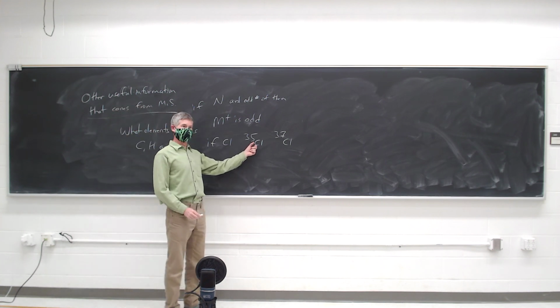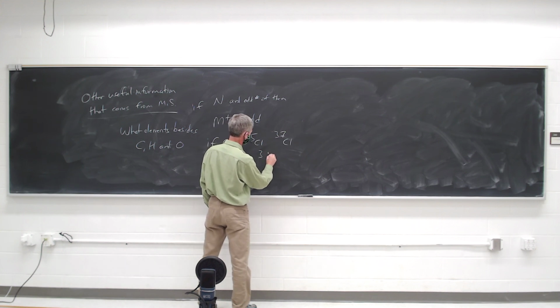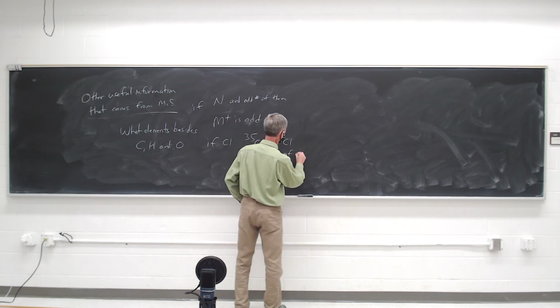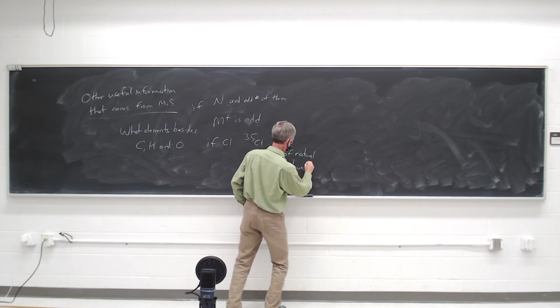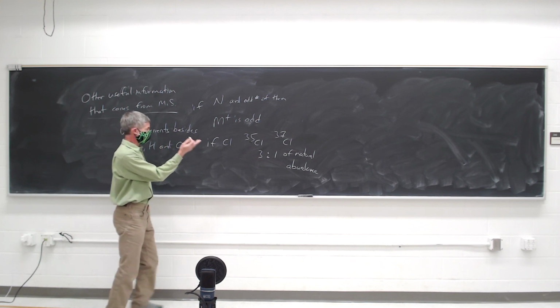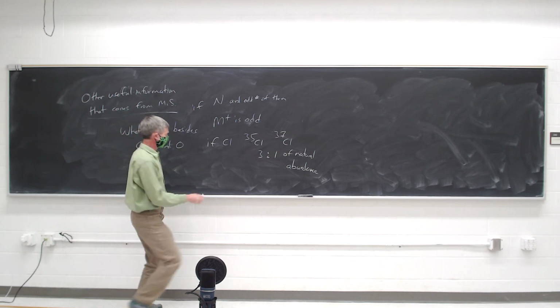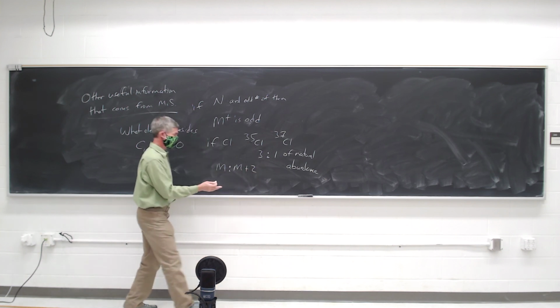They're either right around 35 or right around 37, and it's about a 3-to-1 ratio of natural abundance. And that leads to a predictable pattern where you have an M to M plus 2 ratio of 3-to-1.